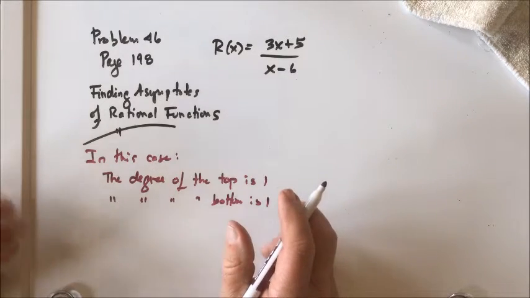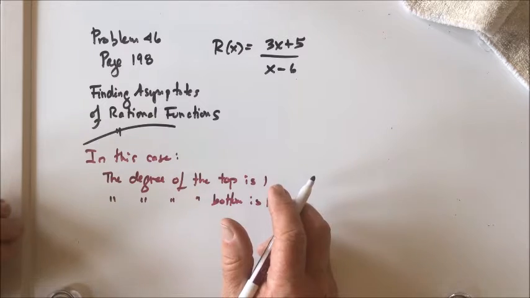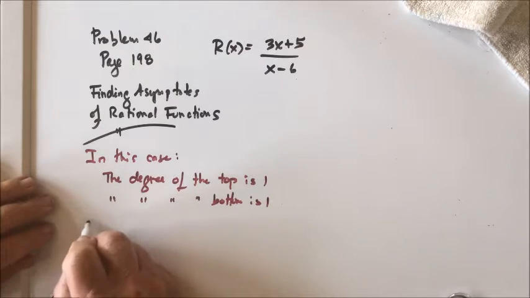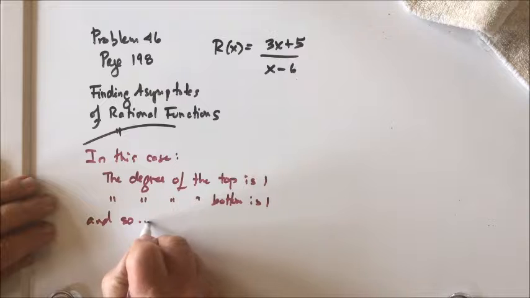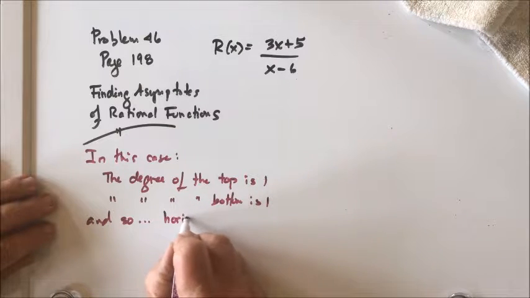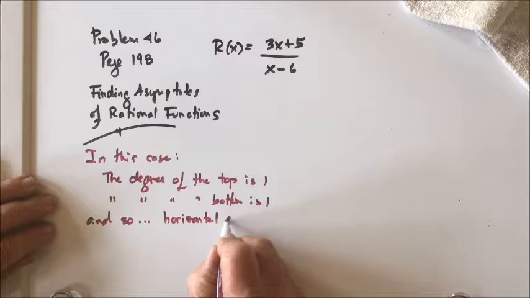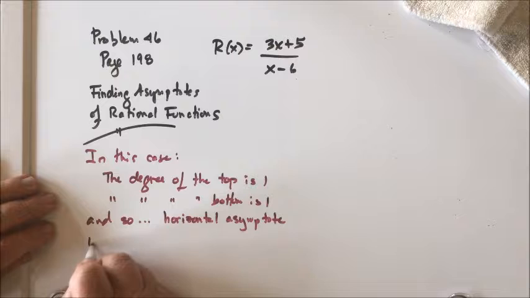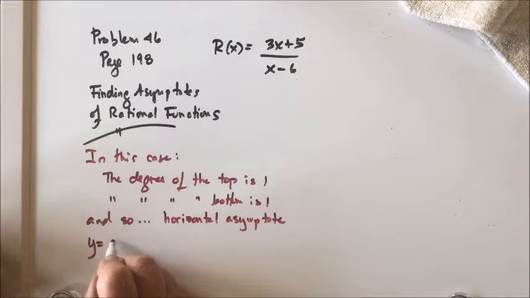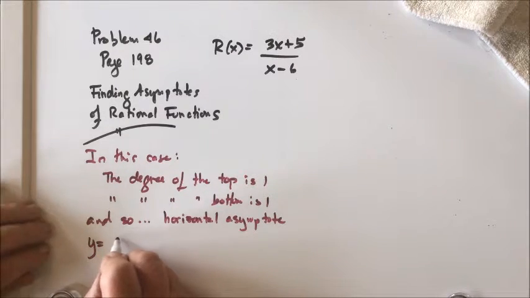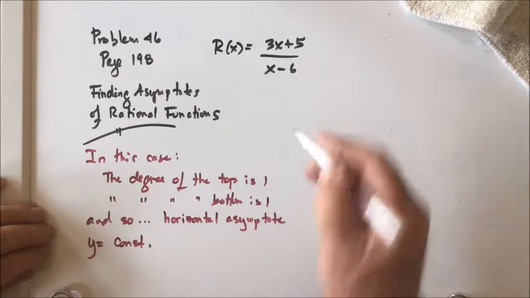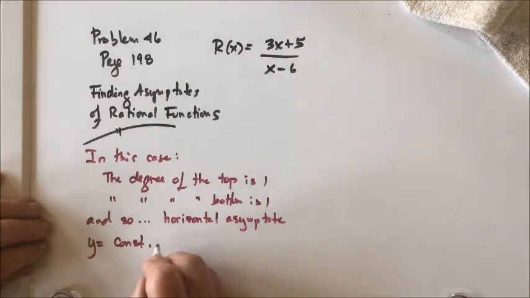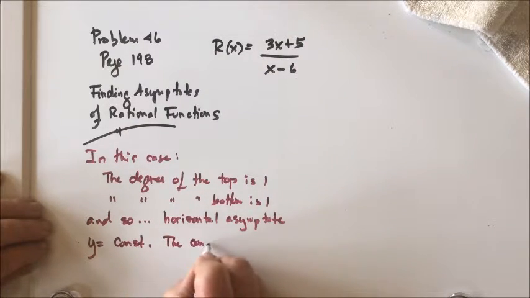And for that prescription, what results is a horizontal asymptote, and that's y equal to a constant, where the constant is the ratio of the coefficients of the leading terms.